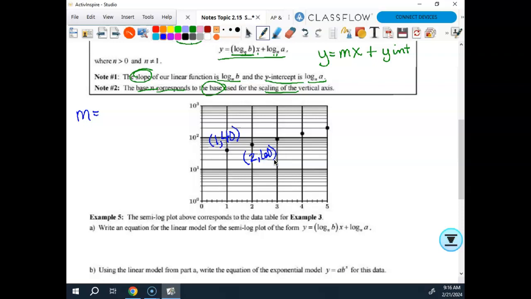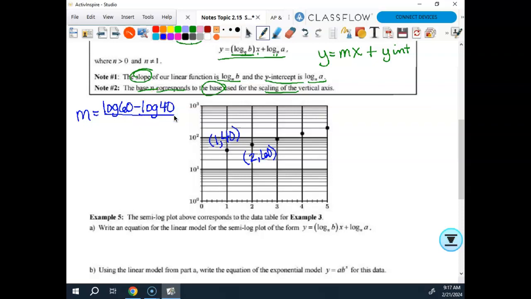Now remember, the y-axis is logarithmically scaled. So to find the slope, it's just the change in y over the change in x, yes? My y values are 60 and 40, but since this is logarithmically scaled, I need the log of 60 minus the log of 40. So you've got to stick a log on all of those.